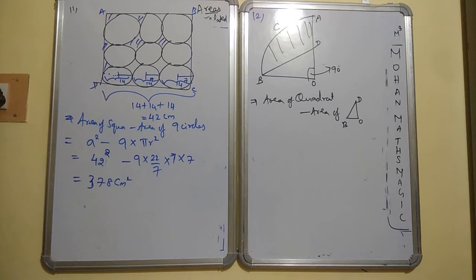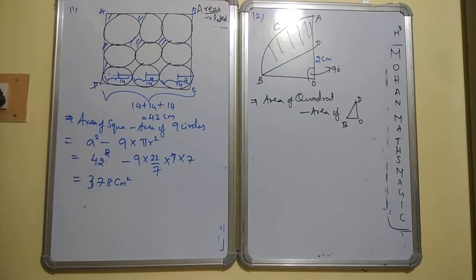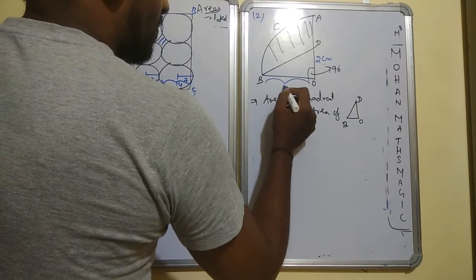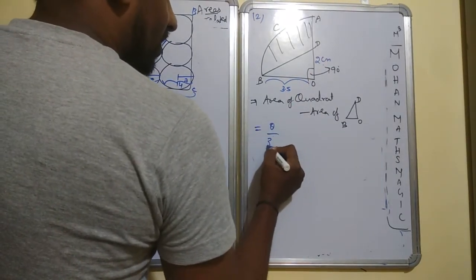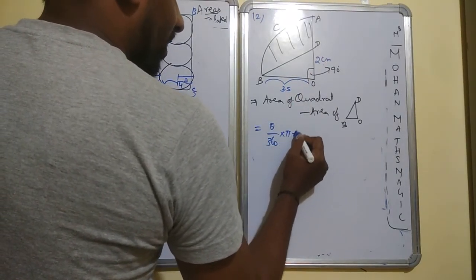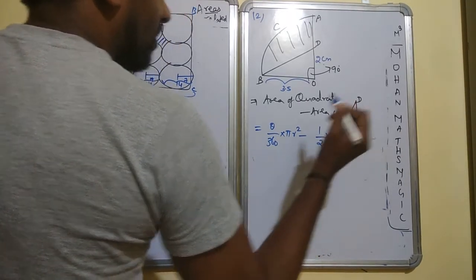So radius is 3.5 centimeter. OD equal to 2 centimeter. This is 2 centimeter. OA is the radius, 3.5. So for radius, the value is 3.5. Okay, so the concept: theta by 360 into pi r square minus half into base into height.